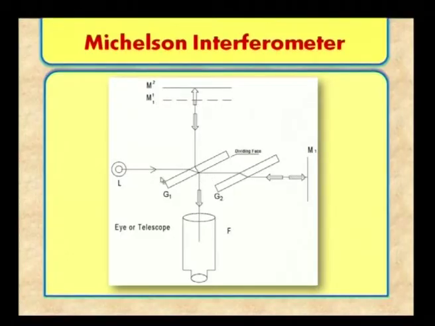Similarly, when I talk of Michelson interferometer, what is the speciality about the first case? In the case of Young's double slit experiment, you come across spatial coherence. Here you come across what is called temporal coherence. By temporal coherence, what I mean is the time taken by the light ray to go from this point to M1 and M2.